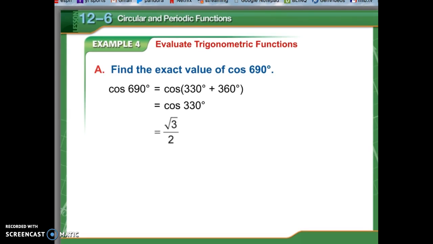You can do that by subtracting 360 degrees, and you would get 330. So the cosine of 690 is the exact same as the cosine of 330. And then just by looking at the unit circle, the cosine of 330 is the x coordinate value of the point at 330 degrees, which is the square root of 3 over 2.